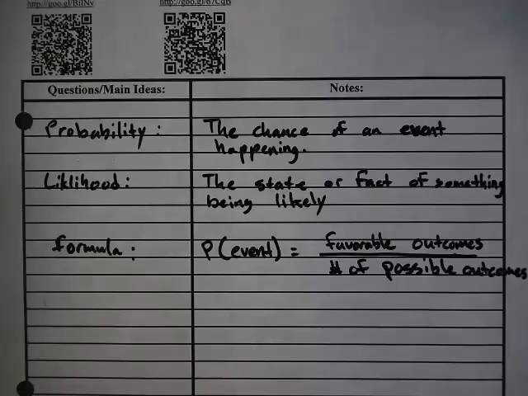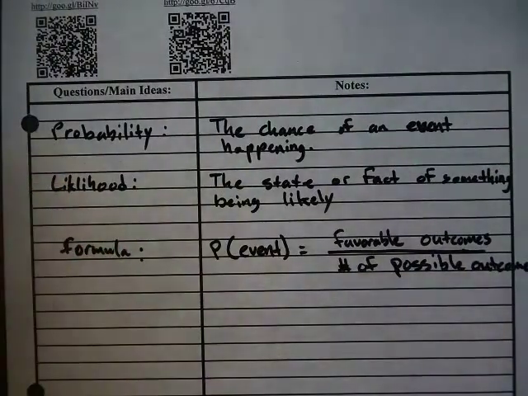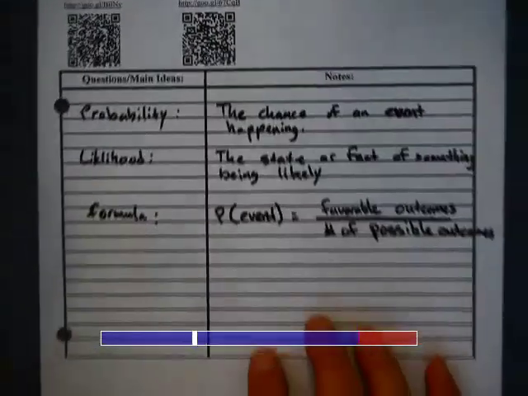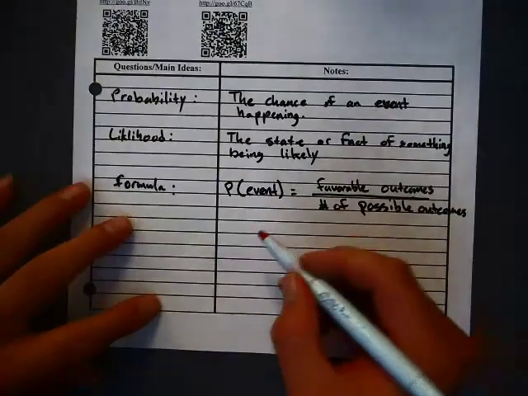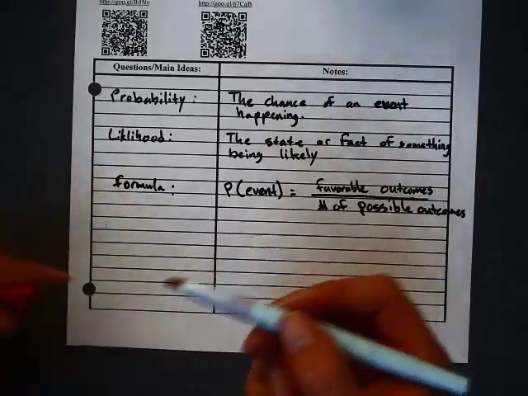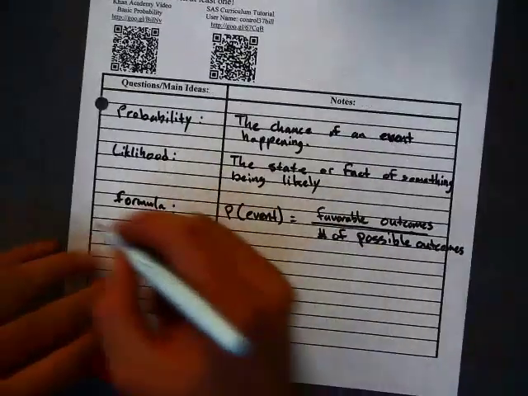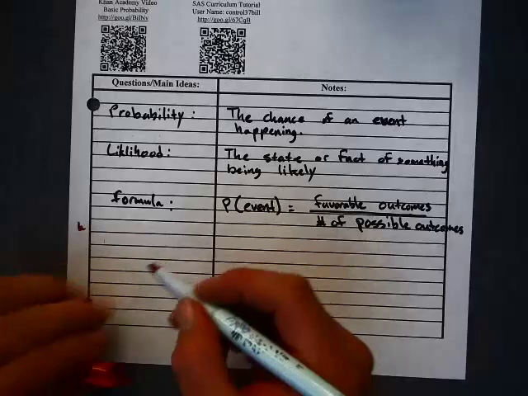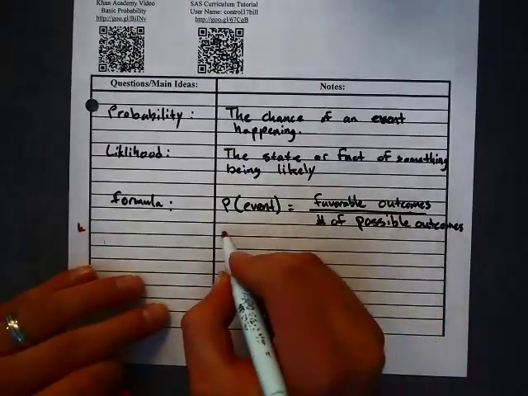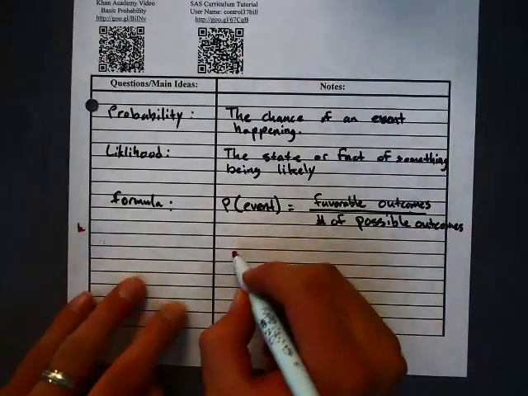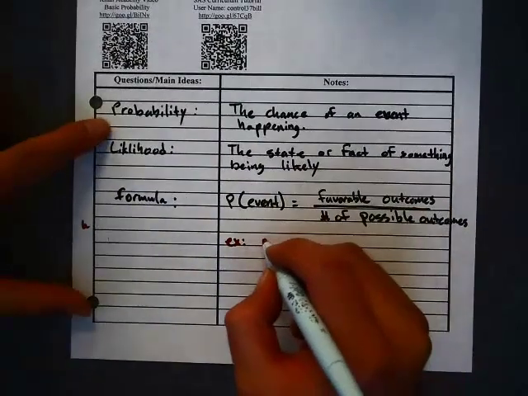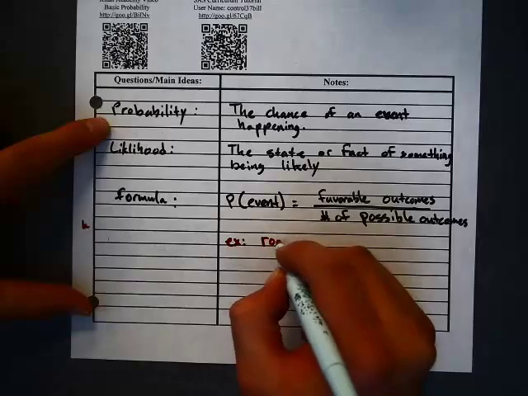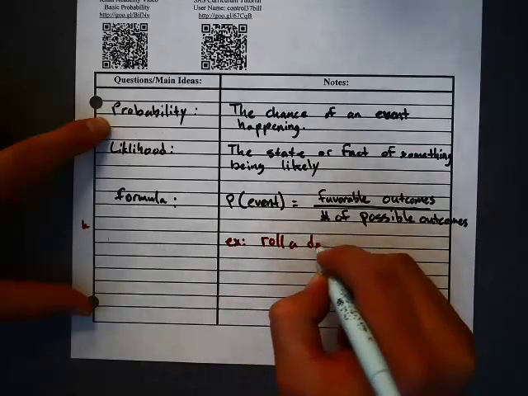So let's give an example of this. Let me do it in a different color just so it's cute. Oh my gosh, look at this pen. That is awful. I don't even know if this is going to write. Hey, it does. Okay, so here's my example. You roll a die.